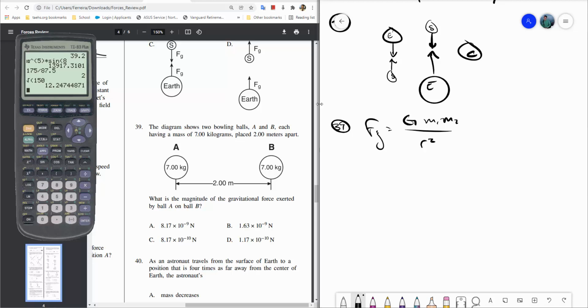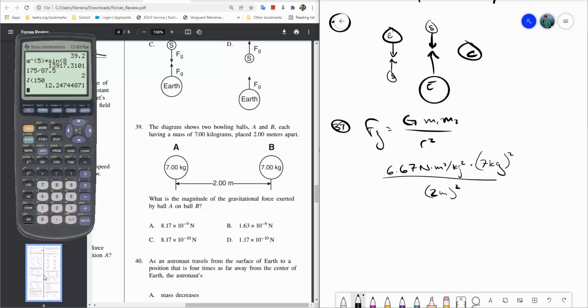Substitute in some values. 6.67 newtons times meters squared over kilograms squared times the masses of the bowling balls, 7 kilograms. And there's 2 of them multiplying each other, so I'm going to do 7 kilograms squared over 2 meters, which is also going to be squared.